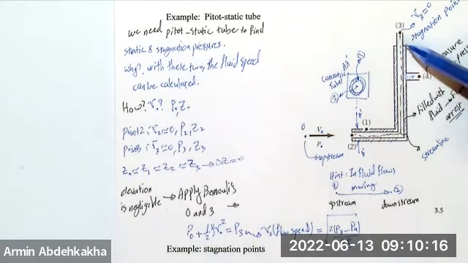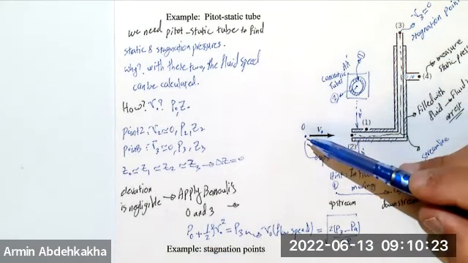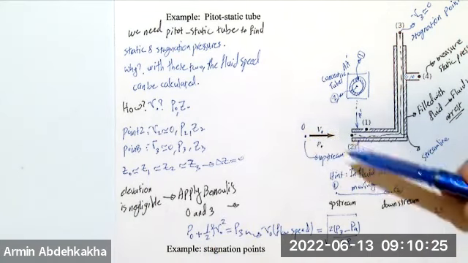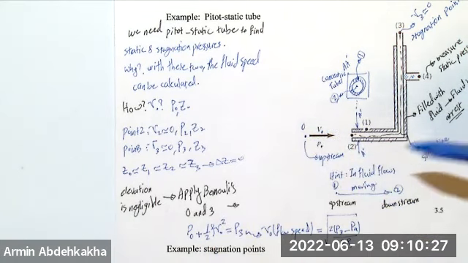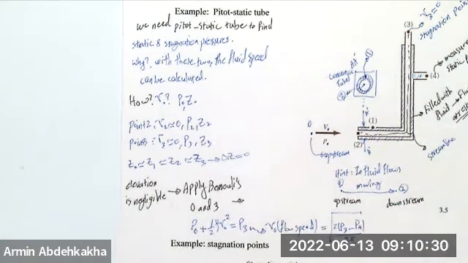So it means that you are getting a pressure difference between point 4 and point 3, but as a result, you have the velocity at point 0. That's where the Pitot static tubes are used.